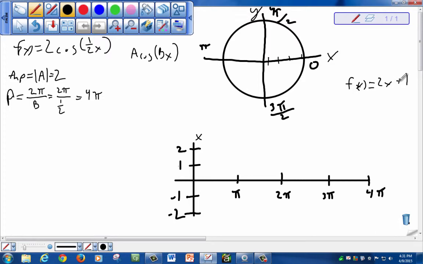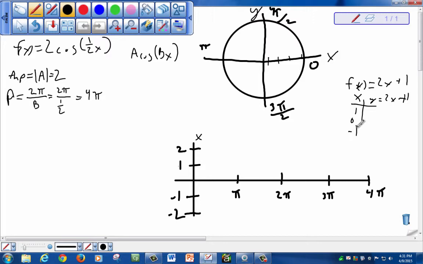Hopefully you know exactly how to graph that, and for this you would just use a t-table with values for x and then y equals 2x plus 1, and then you just put values here, for instance 1, 0 and -1, and then you just plot those points.